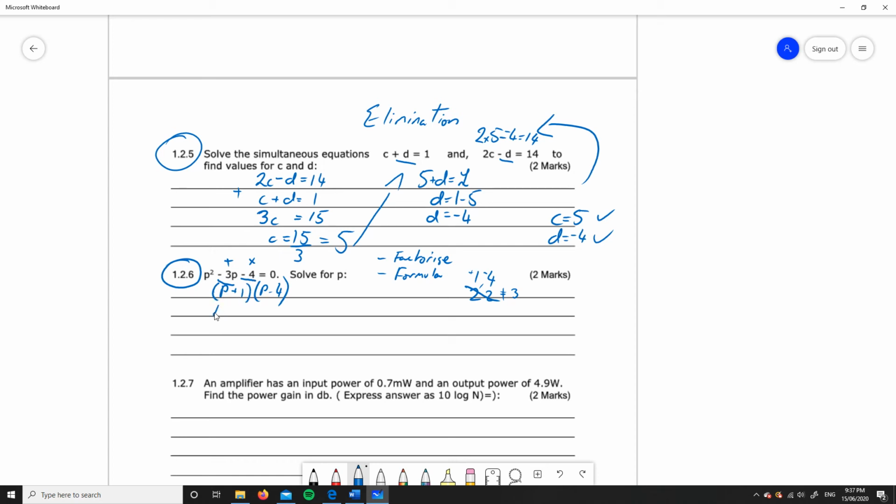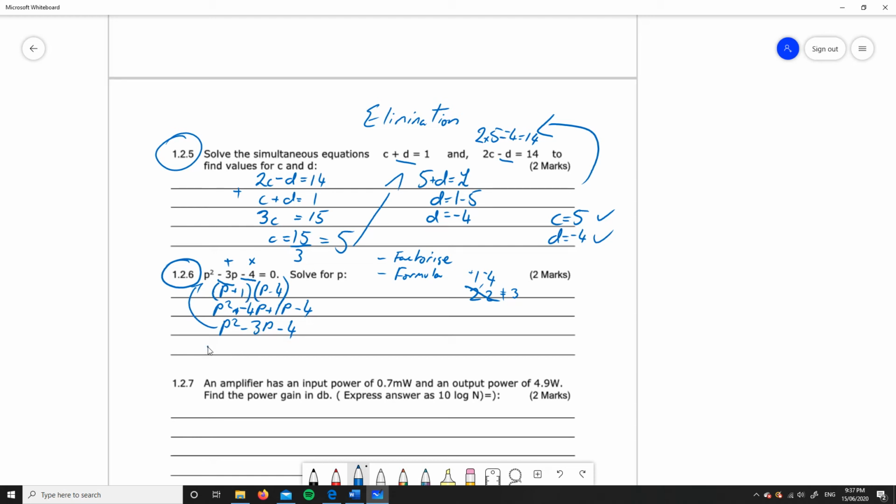So p times p will give me p squared, plus p times negative 4 will be minus 4p, plus 1p, minus 4. Bring that down, p squared minus 3p minus 4. That matches my original equation. So from there I know that I've factorised that correctly.